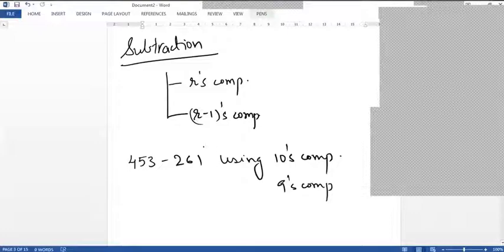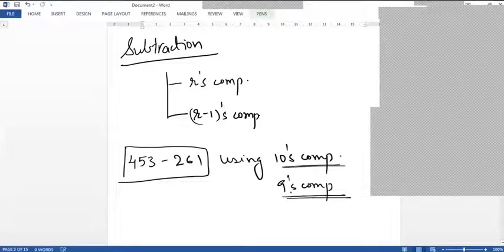Yes, so when decimal numbers are given to you, you may be asked to find it using 10's complement or 9's complement. If the numbers are in binary, you may be asked to use 2's complement and 1's complement. In that case, you first convert the number to its equivalent binary, because for 2's and 1's complement the number should be in base 2.